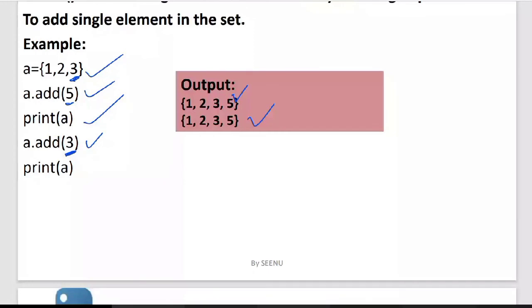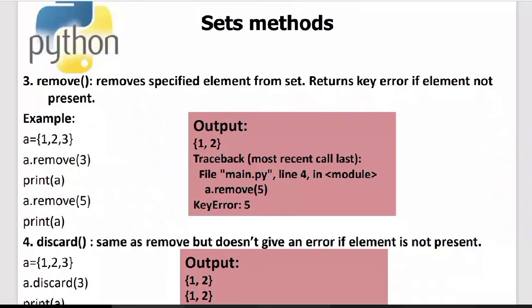Next one is the remove method. This remove will remove the specified element from the set. If the element is not found, it will raise a KeyError. For example, if you take a set {1, 2, 3} and ask to remove 3, it will remove that 3 and only 1 and 2 are printed on the screen.